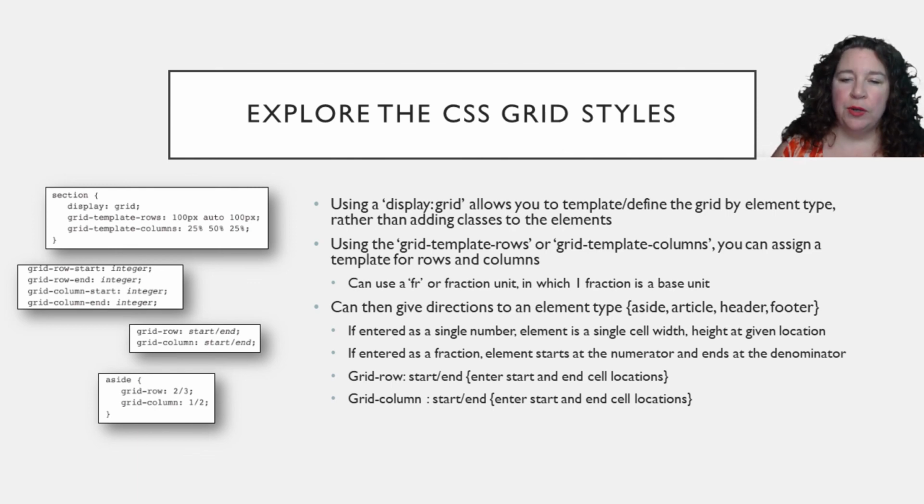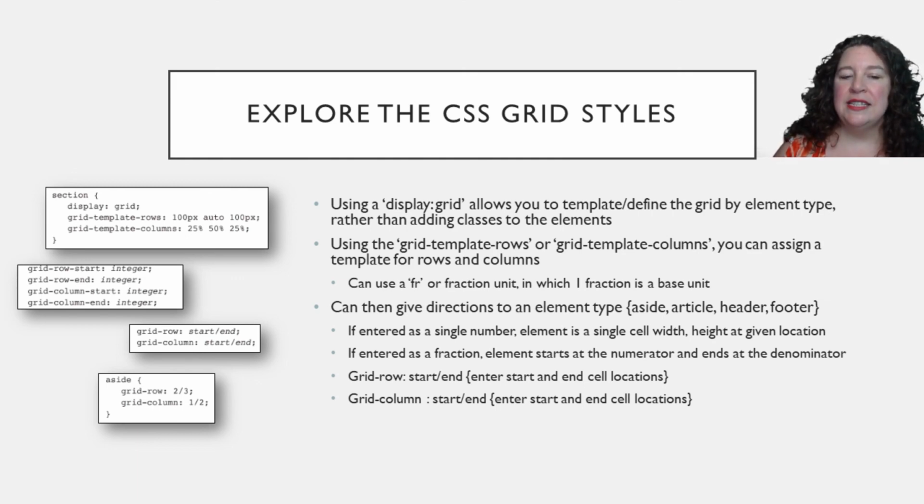You can use the grid template, rows and columns, to say I want to make my rows be 100 pixels, then an auto, and then 100 pixels. That'll make the one in the middle change in size as much as necessary on a vertical axis, so for each of your rows. For your columns, again, they've done 25, 50, 25%, and that sets it up as a column like that.